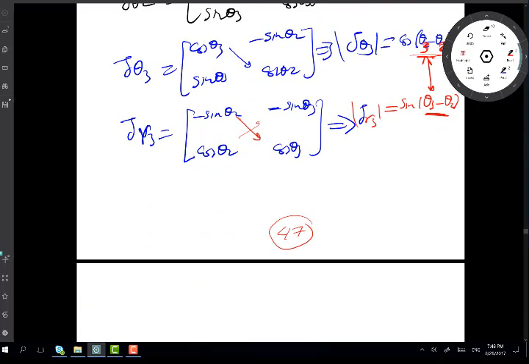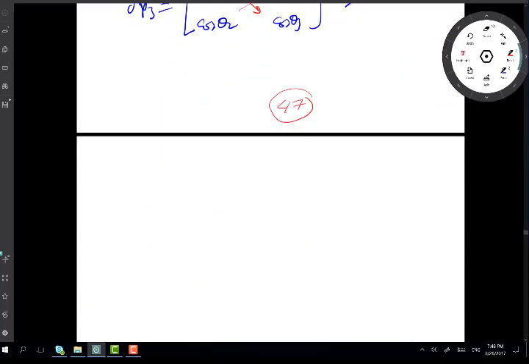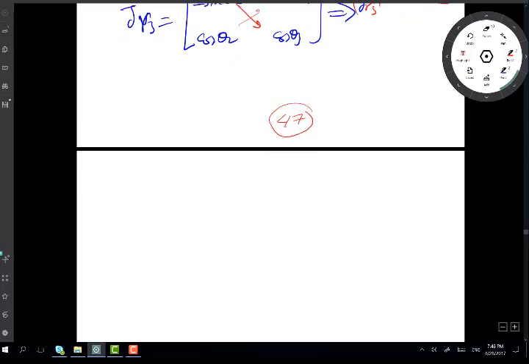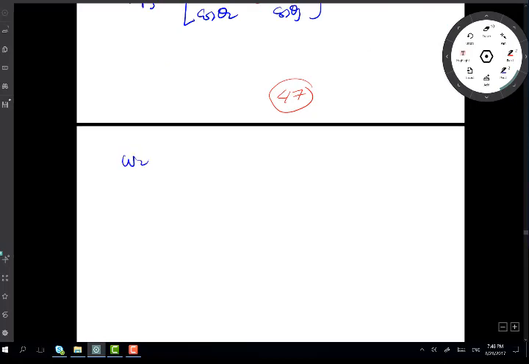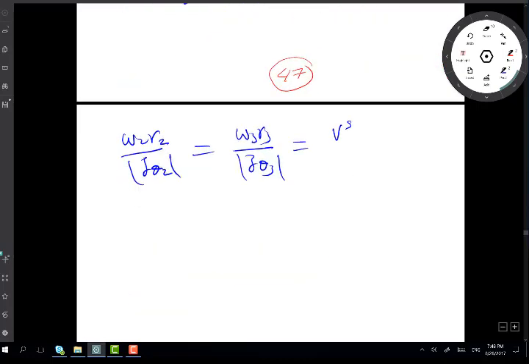So now this tells me that, if I wanted omega 3 R3, I'm going to write this expression of the proportionality, the ratio expression. So omega 2 R2 over J theta 2 is equal to omega 3 R3 over J theta 3, which is equal to V sliding over the determinant of J R3.